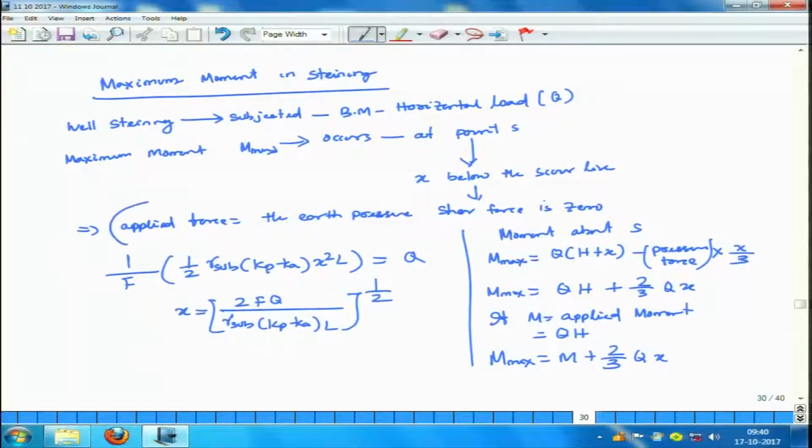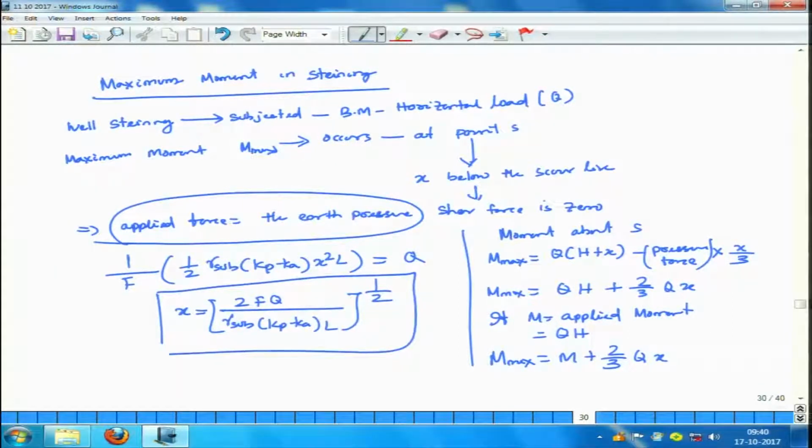That means applied force is equal to your earth pressure. So, applied force is your Q, and from the earth pressure the distance x has been calculated. Then moment about S, M maximum is equal to Q into H plus x, minus pressure force into x by 3. At the end M maximum is equal to M plus 2/3 Q into x.